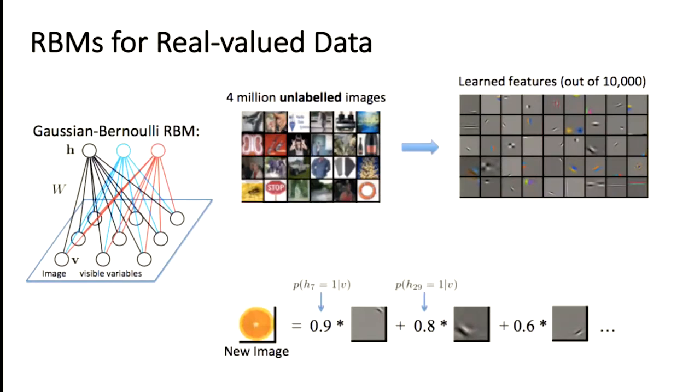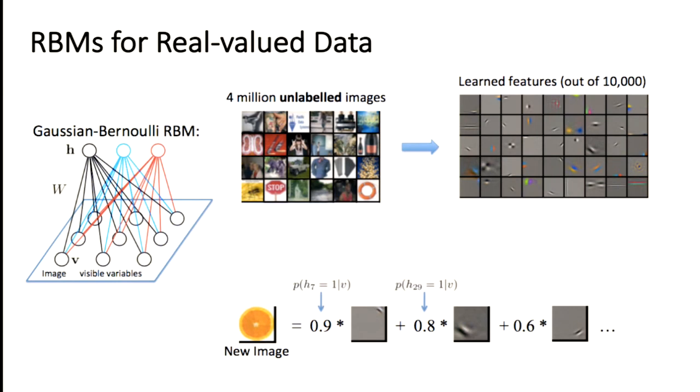Okay. So RBMs for real valued data. Now that we have a Gaussian Bernoulli formulation wherein the hiddens are once again values which take values between 0 and 1, but the visible units now take real values, you can actually learn the data distribution corresponding to real image data, wherein the real images take real values. So you could train this RBM on unlabeled images.